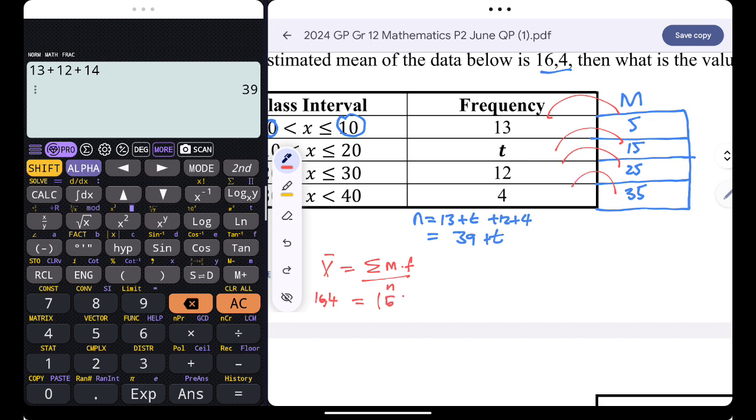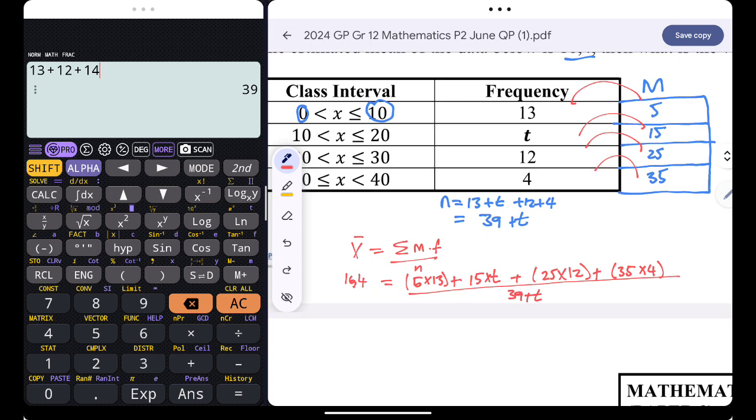So I'll simply have 5 multiplied by 13 plus 15 multiplied by t plus 25 multiplied by 12 plus 35 multiplied by 4, all over 39 plus t.